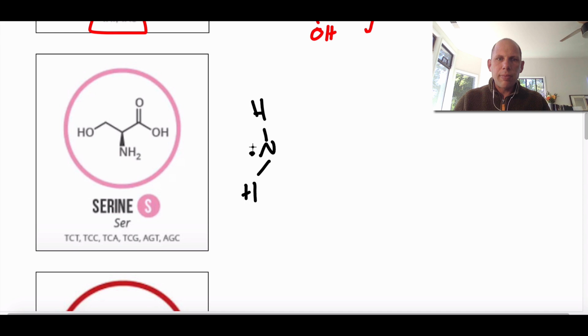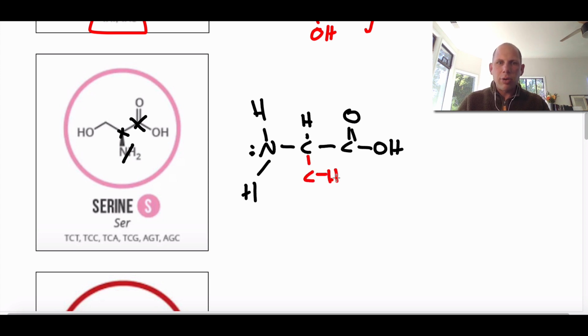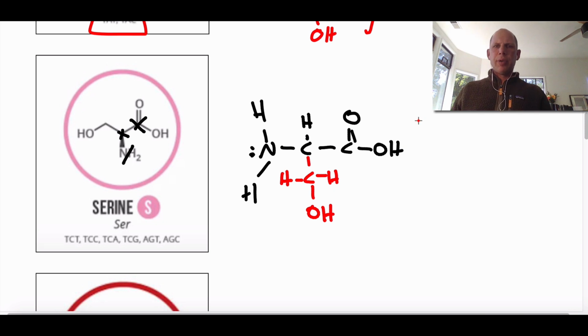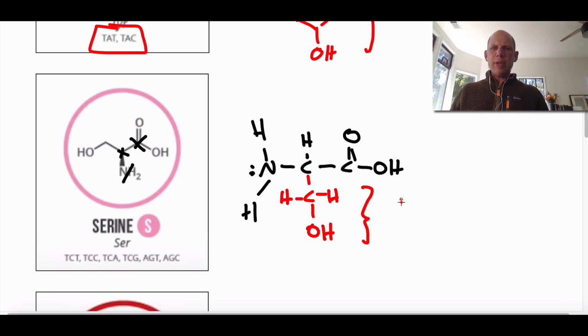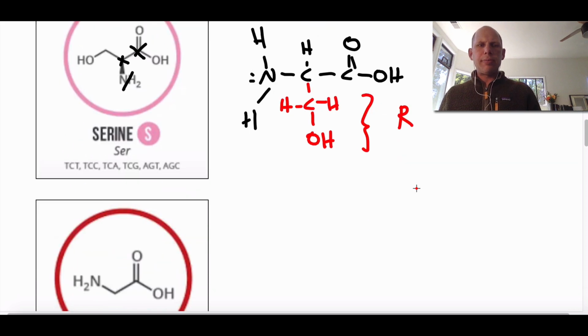Okay, that's that side, connected to a C. There's our C, connected to the C-terminus. The C-terminus, by the way, is that C, not that C. And what's coming off it that makes it serine and not tyrosine is a CH2 group and that hydroxyl OH group that we saw earlier. So this now is the R group for serine.